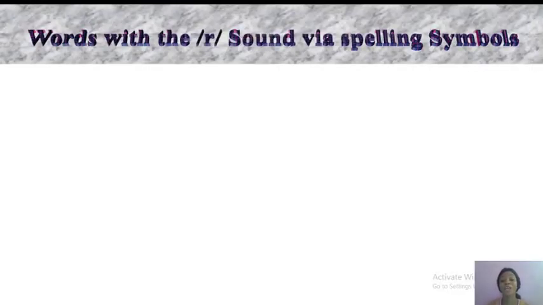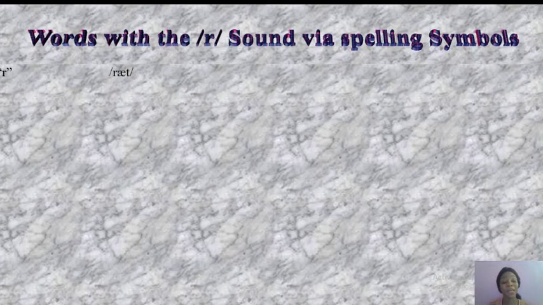Yes. So let's move over to words with the R sound via spelling symbols. We have a list of spelling symbols here. The first one we would be looking at is R. Now, most words that have R in their spellings are pronounced with the R sound. We have the word rat.